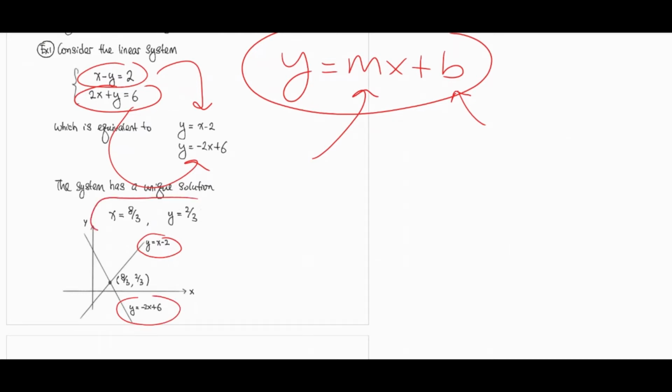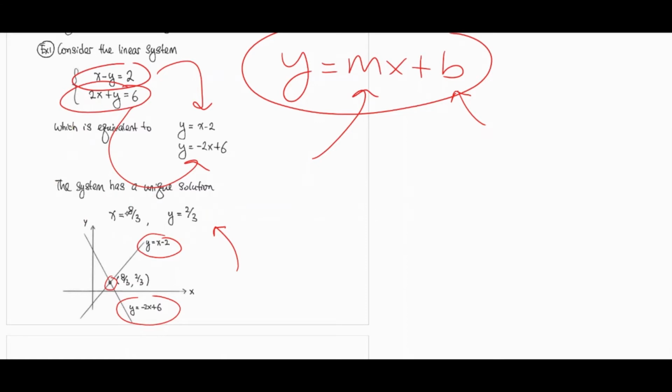We haven't verified that yet, but you can verify yourself that x equals 8 over 3 and y equals 2 over 3 is the intercept point for these two lines, and this is going to be our solution for this system of linear equations. When you are asked to solve a system of linear equations, your job is to identify the x and y that satisfy both equations.